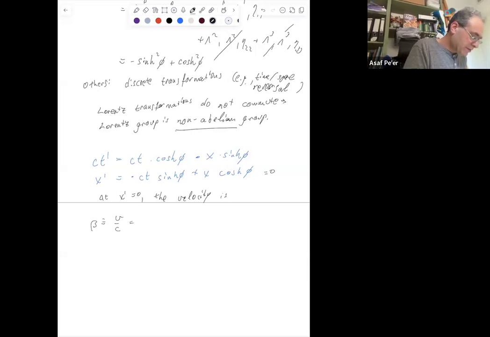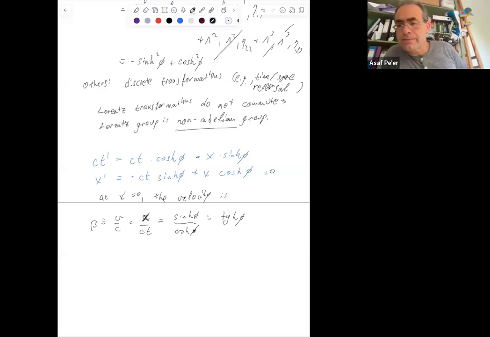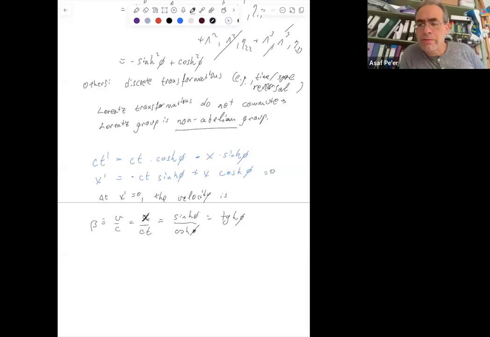So I can write it as x over ct, which is sine hyperbolicus of phi over cosine hyperbolicus of phi, which is nothing but tangent hyperbolicus of phi. Remember, phi goes from minus infinity to plus infinity. That's no problem.